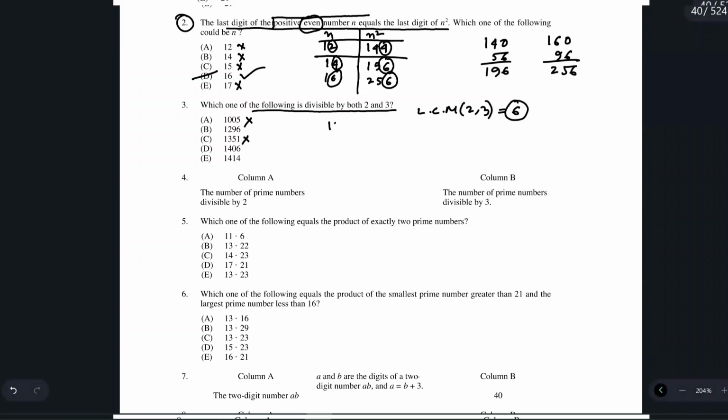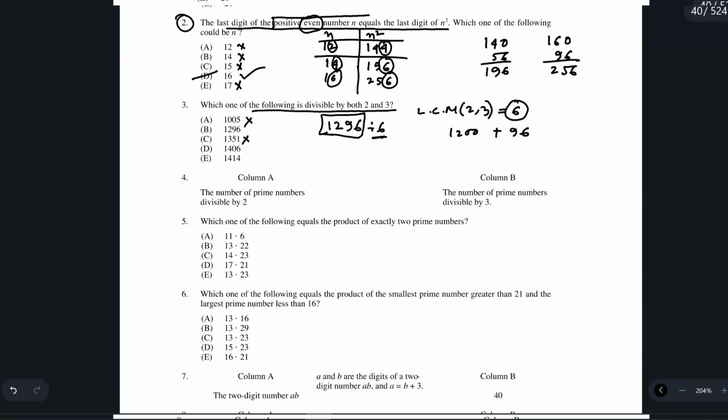Let's try with B, and let's figure out whether we can divide 1296 by 6 or not. The way I try to do math is by breaking down the large number into small numbers that are divisible by the number that we are trying to divide. So 1296 we can break down into 1200 plus 96, right?